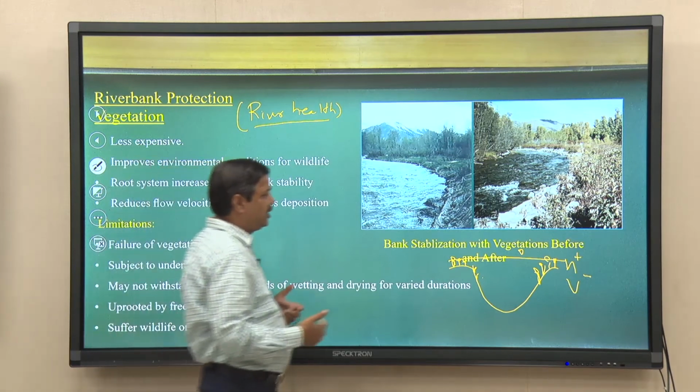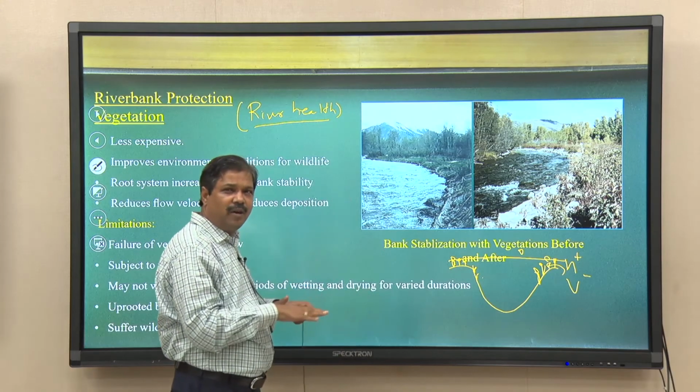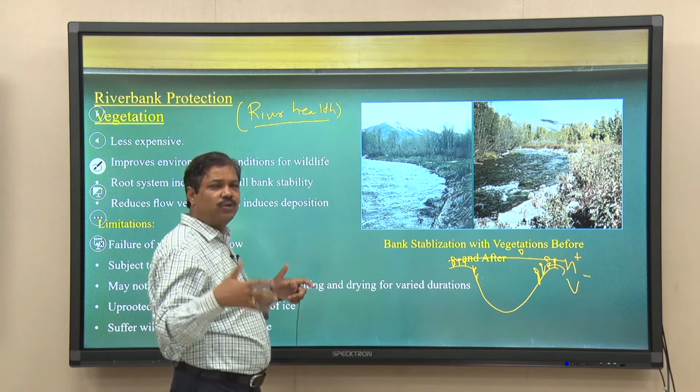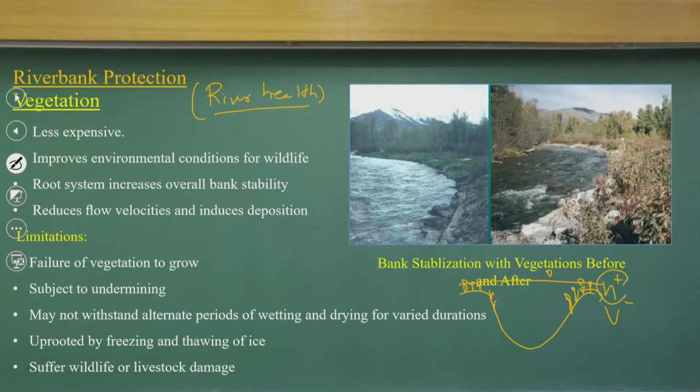So, we try to look at how we can reintroduce vegetation on the river banks and the potential floodplain area, so that we can increase the Manning's roughness coefficient. Because of this increase, velocity reduction will be there, which can facilitate sedimentation.